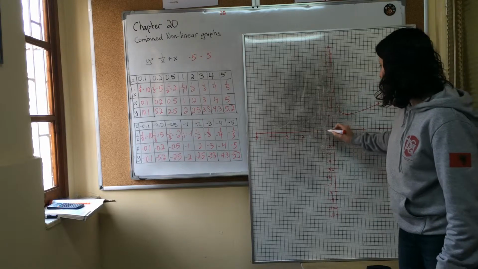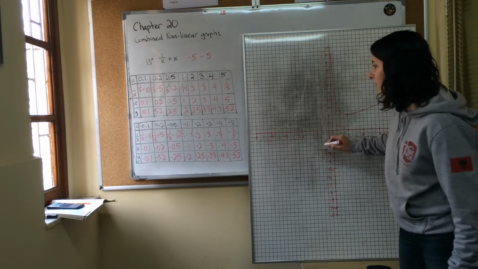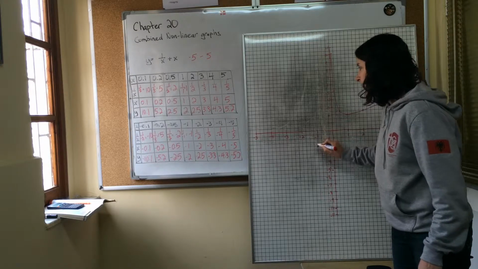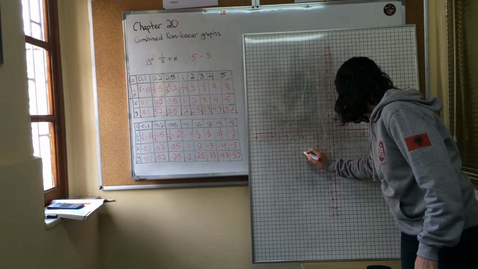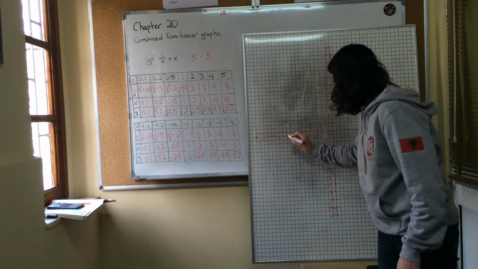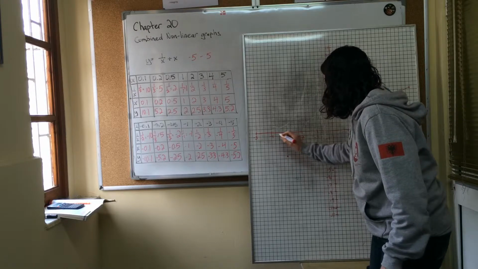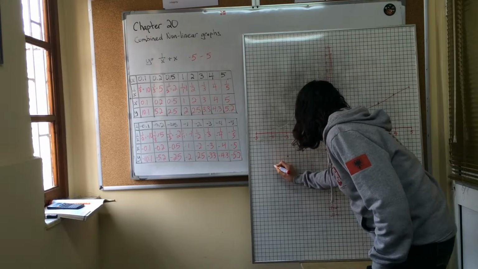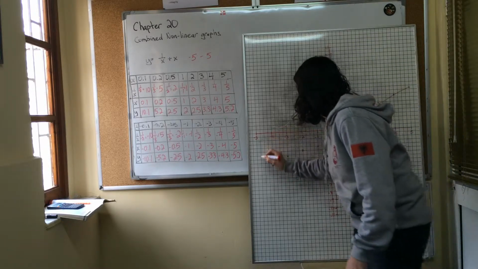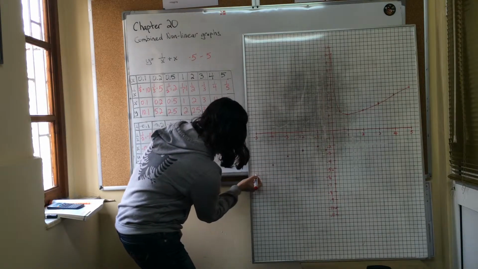Then we have -0.5 and -2.5. -1, -2. -2, -2.5. -3, -3.3. -4, -4.3. And -5, -5.2. Go ahead and go down this way, like that.